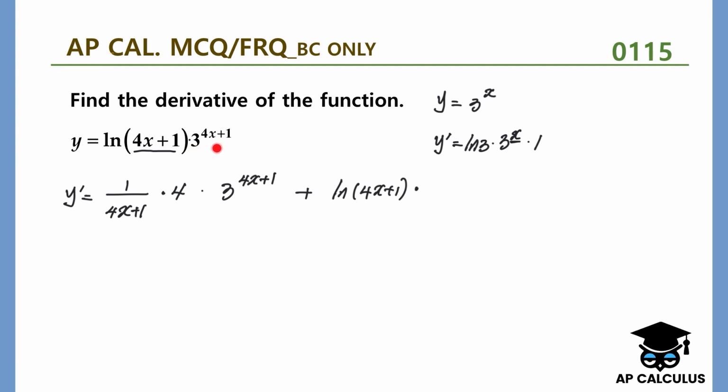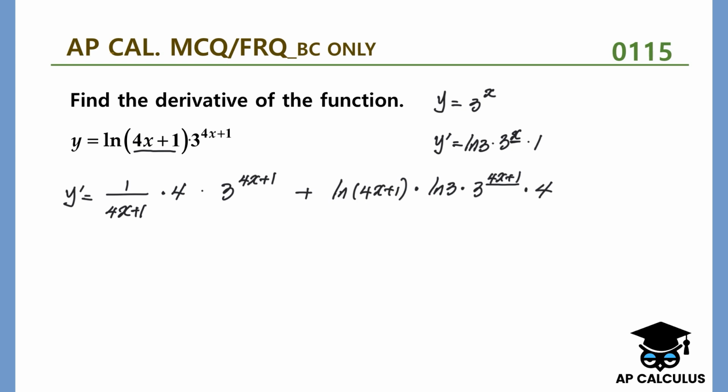So that's going to be natural log 3 times 3 to the 4x plus 1 times the derivative of the exponent, 4. If it's exponential, we have to rewrite all of this expression times the derivative of 4x plus 1, the derivative of the exponent, 4, and multiply. If the base is not e, then we have to multiply by natural log 3.